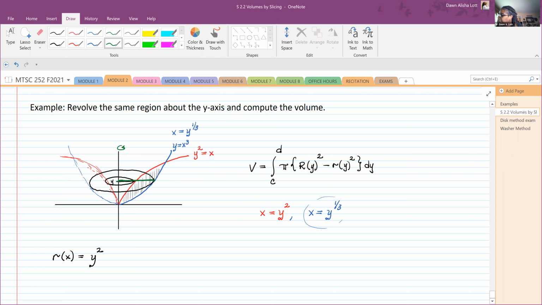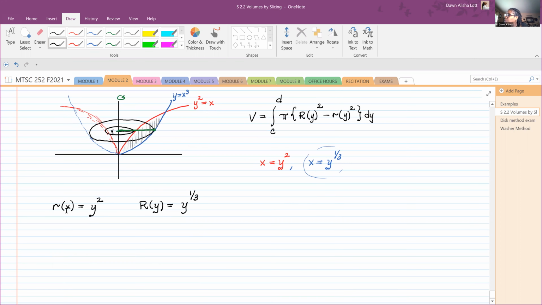It lands right here. So what is the big radius? Y to the 1/3. Y to the 1/3. Oh my goodness. I am having a good day.